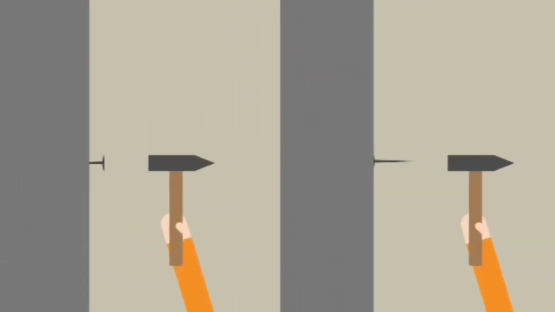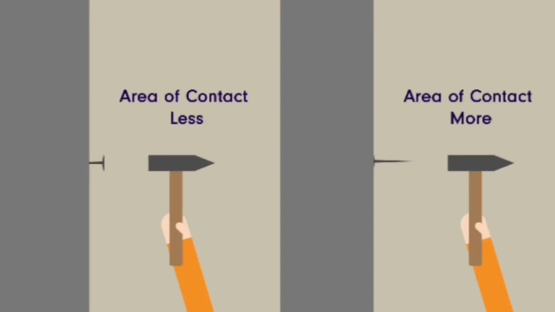Here we are applying the force perpendicular to the surface of the wall. If you notice the tip of the nail, it has very small area. Here the first picture, compared to the flat surface of the nail, that is the second picture.